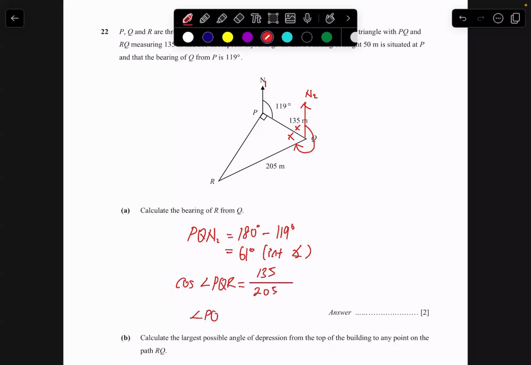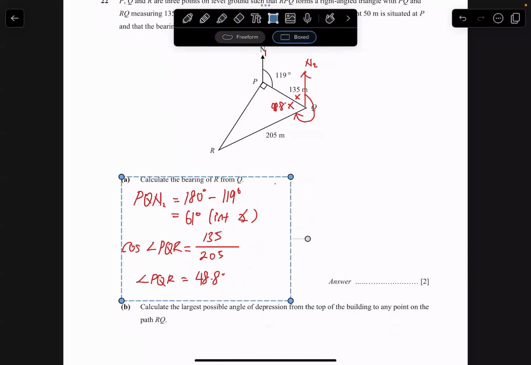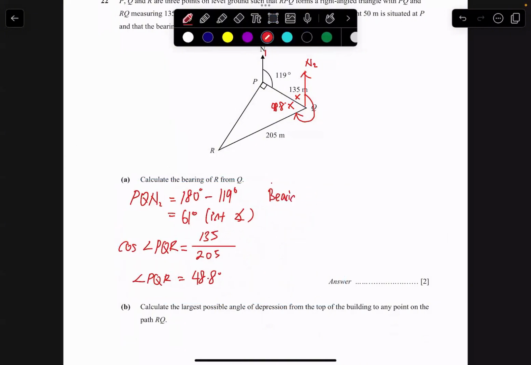So angle PQR is equal to cosine inverse of 135 over 205, which is 48.8. So the bearing equals 360 minus 61 minus 48.8, which equals 250.2.